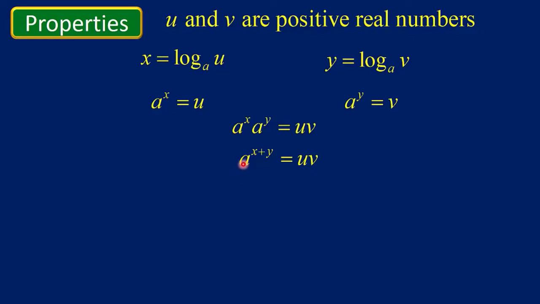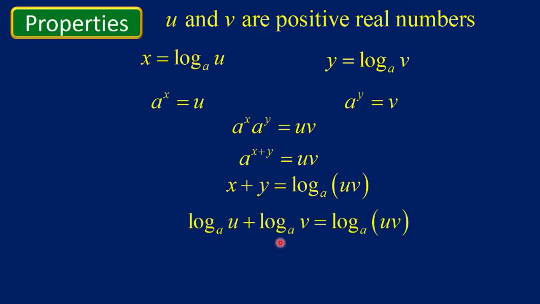So it's going to be log base a, x plus y equals log base a of uv. Now remember, x is log base a of u. So I can replace x with log base a of u, and I can replace y with log base a of v. And there I have it.